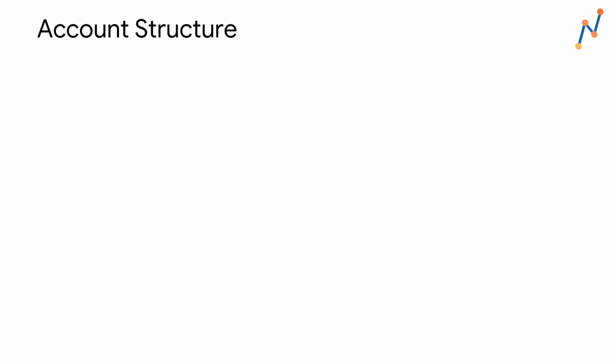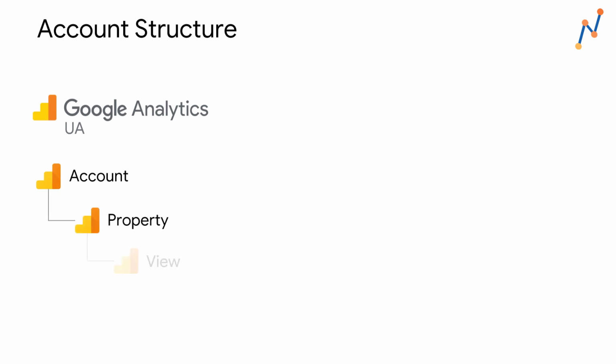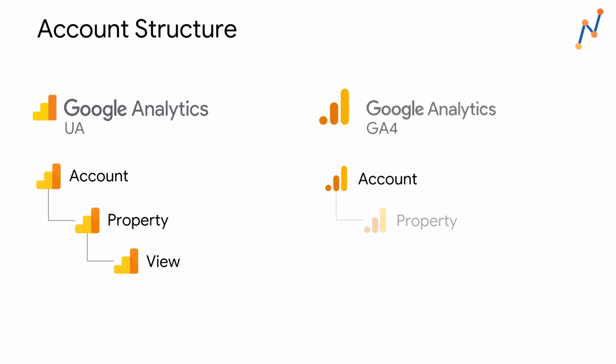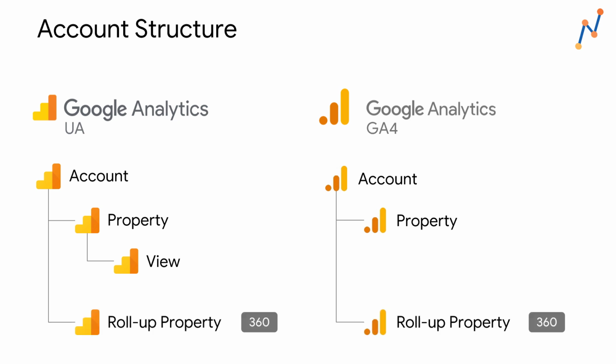Like already mentioned, in Universal Analytics the hierarchy is account, property, and view, while the GA4 structure consists of account and property only. When the GA account is linked to a Google Marketing Platform organization with an active 360 order, there's the possibility to create a so-called roll-up property for both Universal Analytics and GA4.